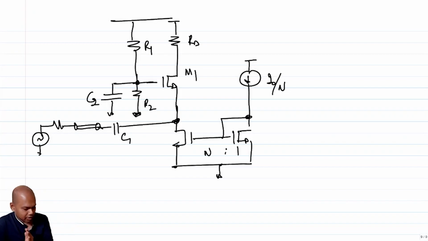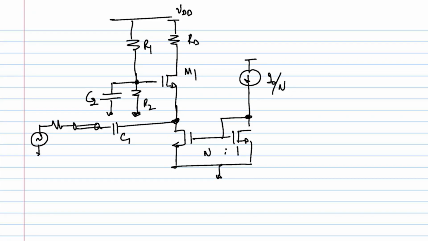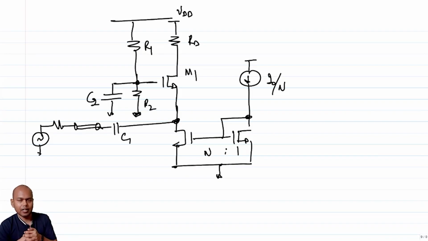Going forward, from the next lecture onwards, I'm going to change this topology slightly, and we are also going to introduce the effect of noise, and then see how this particular topology will start getting modified. Okay, we'll stop. Thank you.